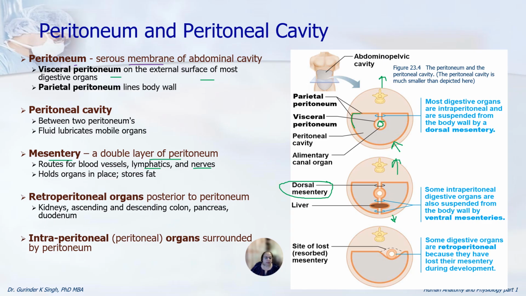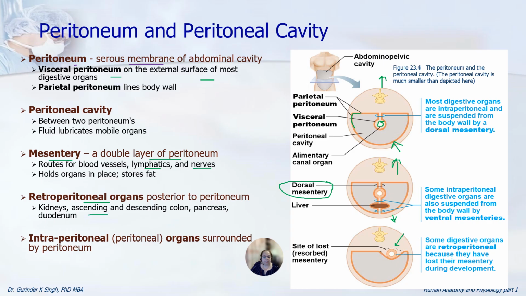Okay, then some of the organs of the digestive tract are known as retroperitoneal organs. What do we mean by this? So retroperitoneal organs means these organs are not present inside the peritoneal layer. They are behind the peritoneum. So that's why we call them retroperitoneal. Kidneys are retroperitoneal.